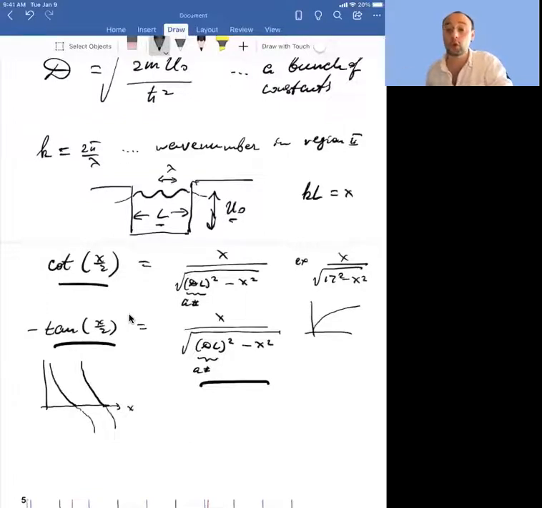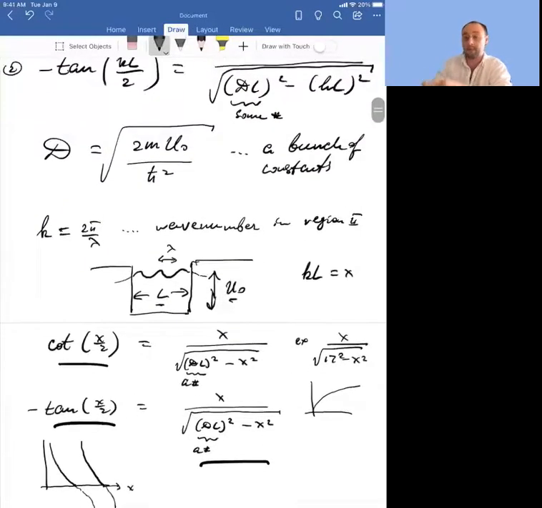So now I will show you what these look like for several values of DL. You see, the only control knob that you have is adjusting the value of DL. For example, by adjusting the well depth or adjusting the well width or adjusting the mass of the particle that's inside the well. So all the physical parameters like M, U naught, L, that all goes into the script DL.